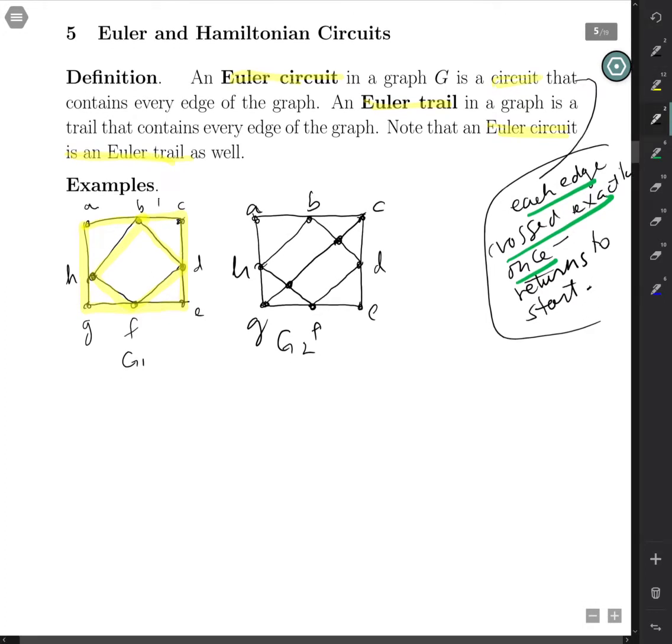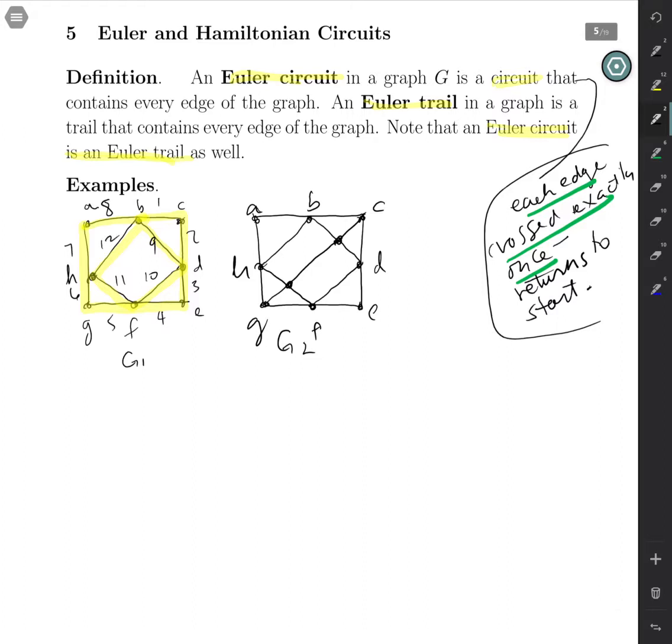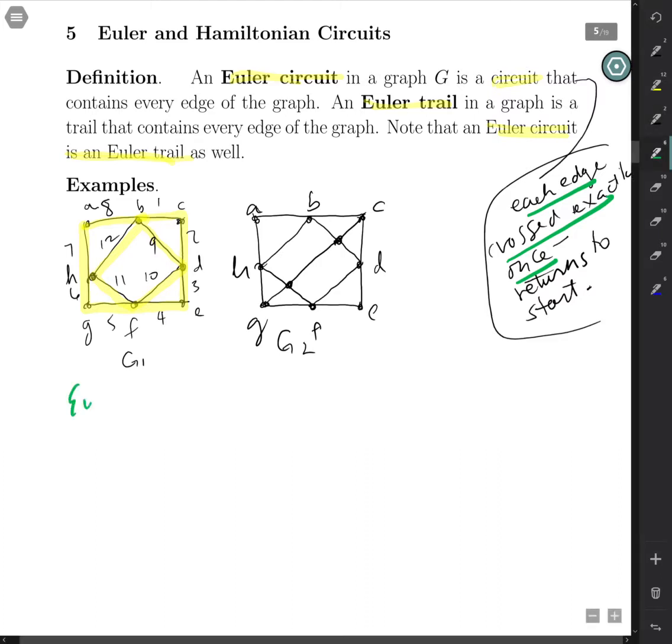The requirement is that we not cross an edge more than once, and that we cross each edge. So nothing to do with how many times we cross a vertex, and I'm numbering these in the order in which I actually cross them, like so. So I did cross each edge exactly once, and it was a circuit. So this is an Euler circuit.